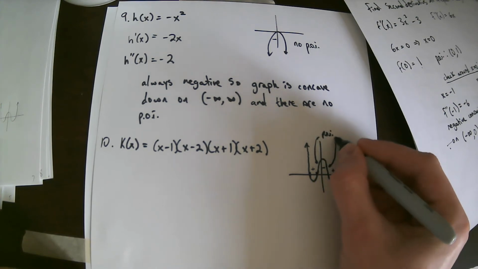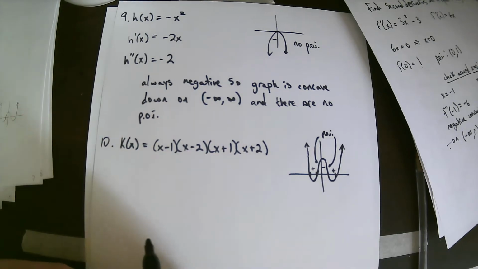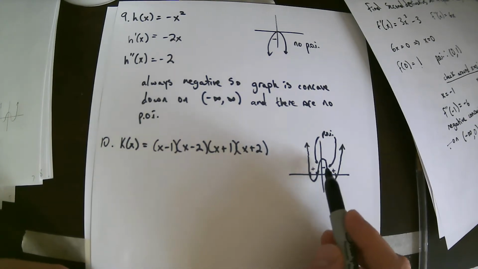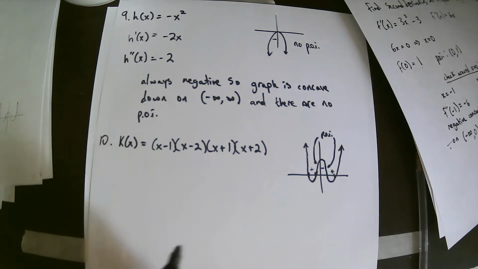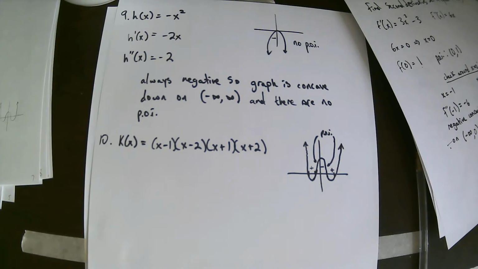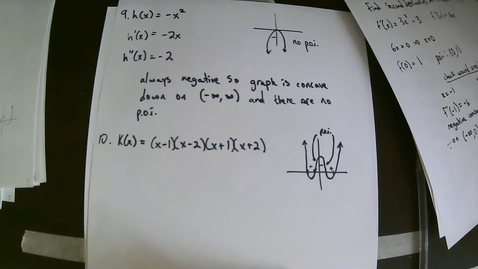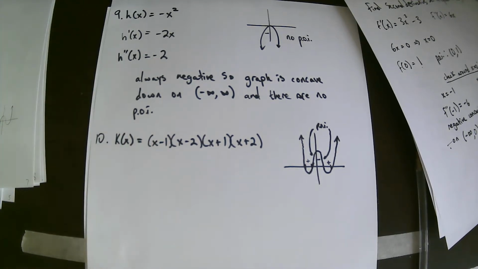One in between each sign change in the second derivative, in that concavity. Sign change from plus to minus, so there's got to be a point of inflection there, and then a sign change from minus to plus, so there's got to be a point of inflection there. But let's say you're not fresh on graphing high-degree polynomials, so we got to run through the process of finding that second derivative, setting it equal to 0, etc. Okay.